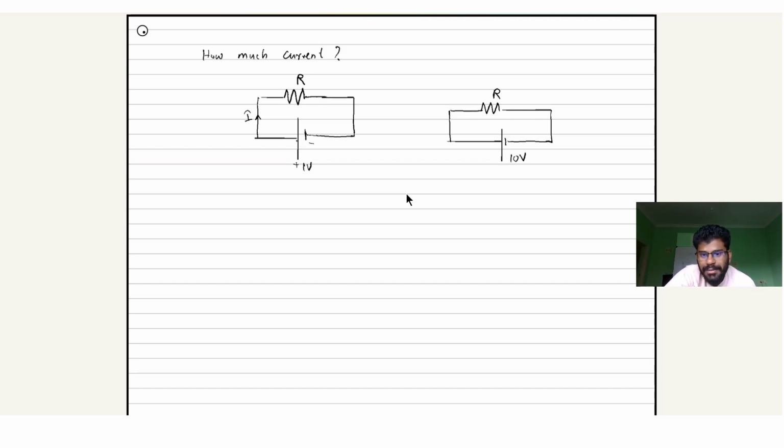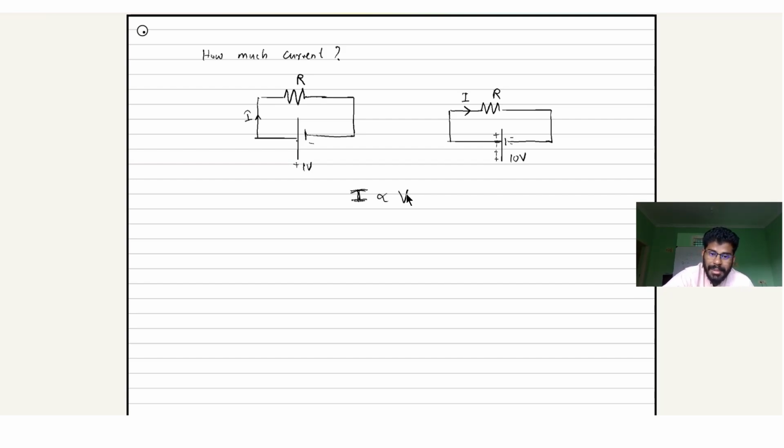Now the potential difference, or the difference in charges between these two terminals, will be more. Because of that, there will be a stronger attraction of electrons, or I can say the current flow will be more in this circuit. So the first idea is that current flowing through a conductor is directly proportional to the potential difference across the ends of the conductor. That's the first idea.